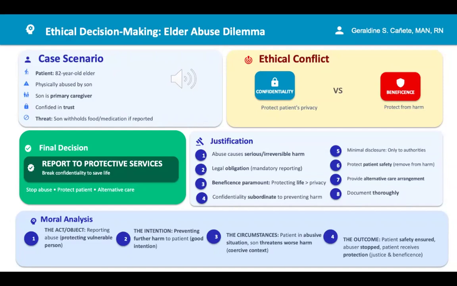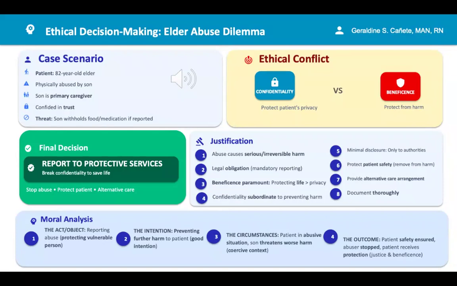For the circumstances, a patient in an abusive situation with the son threatening worse harm, this is the coercive context. No? The circumstances are dire and the patient is at immediate risk of further harm because of that threat. So that's the circumstances.